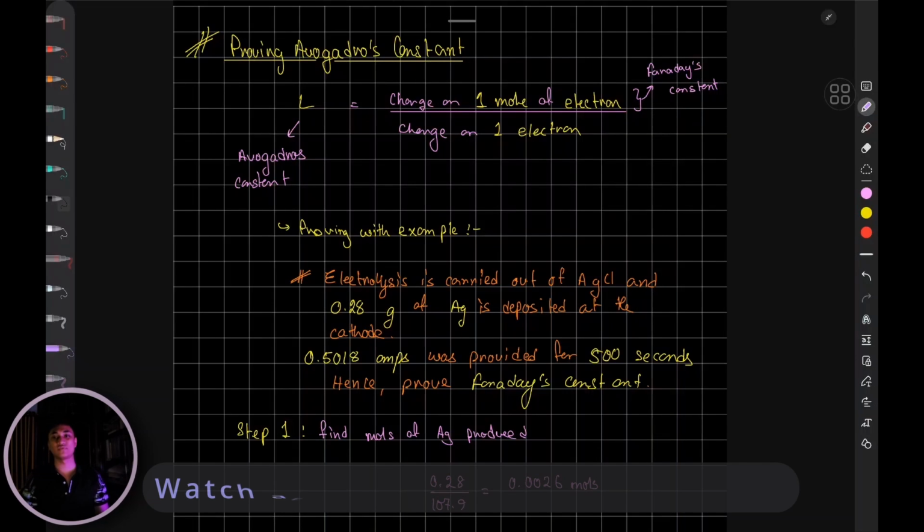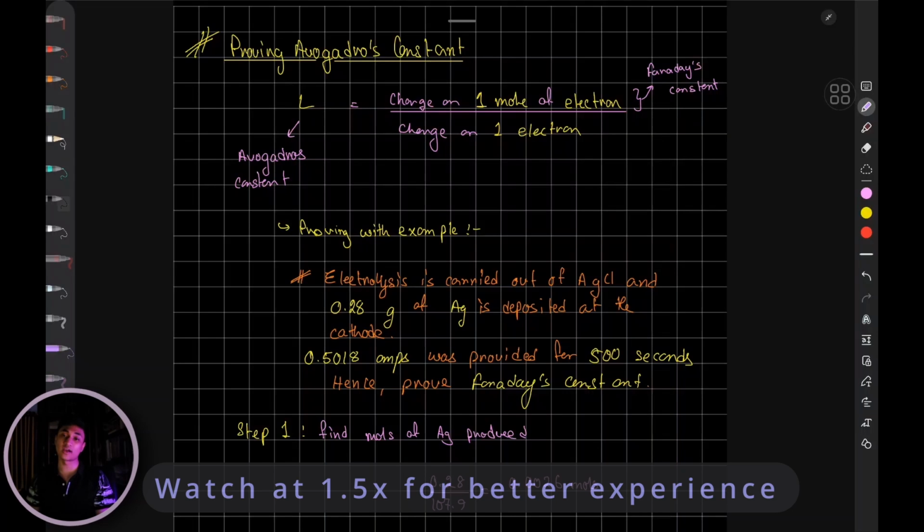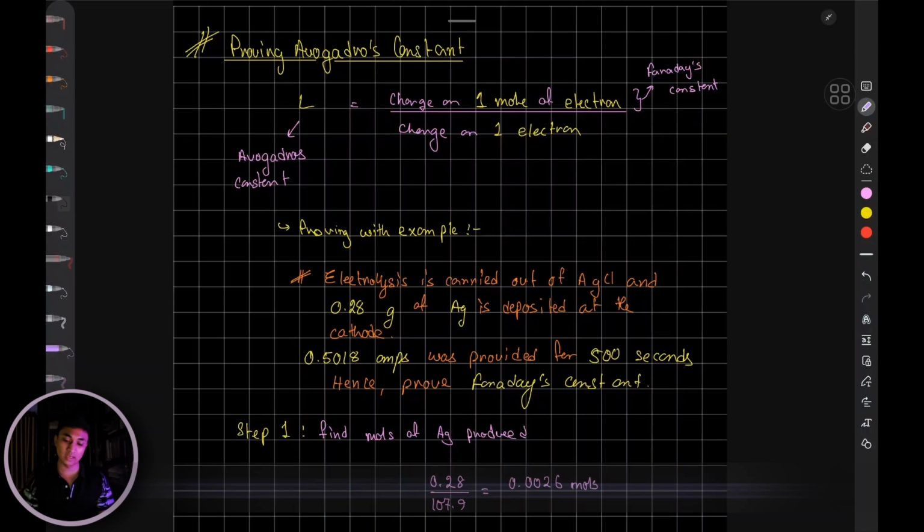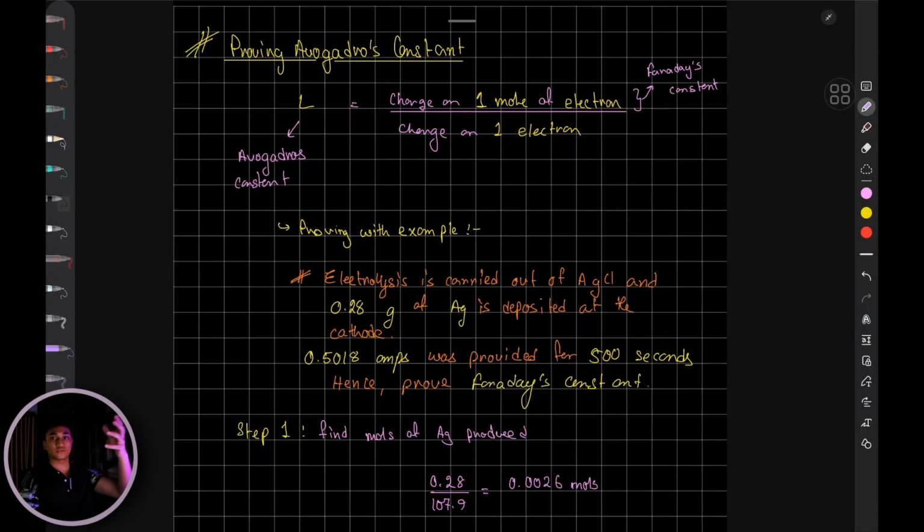In this video of electrochemistry, we're going to be deriving Avogadro's constant and Faraday's constant. Now, in case of Avogadro's constant, you probably already know what it means. If I give you an example, 1 mole of any compound, any element will contain 6.02 into 10 to the power 23 atoms of that element.